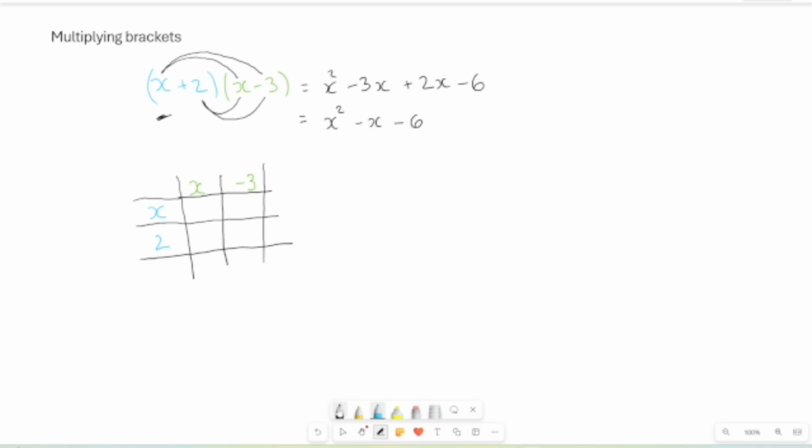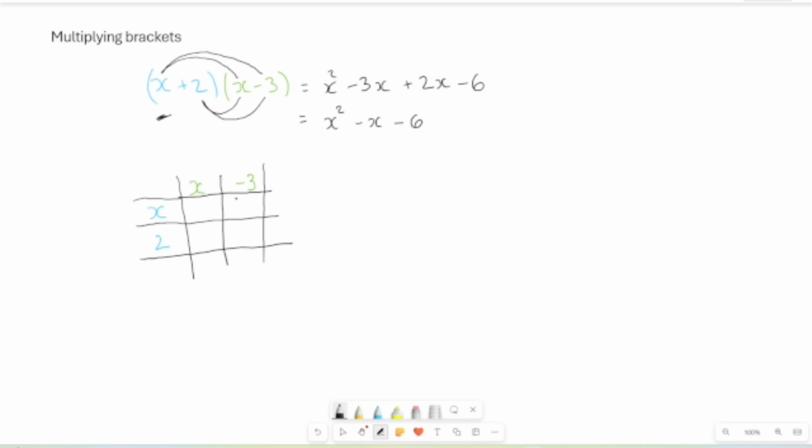So what you'll see is we have a grid column for every element in one bracket and a grid row for every element in the other bracket. And that naturally leaves us with 2 elements here, 2 elements there.